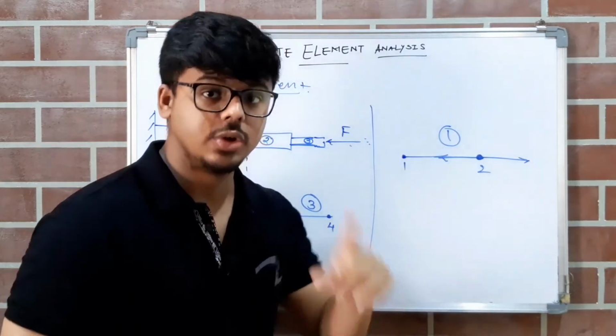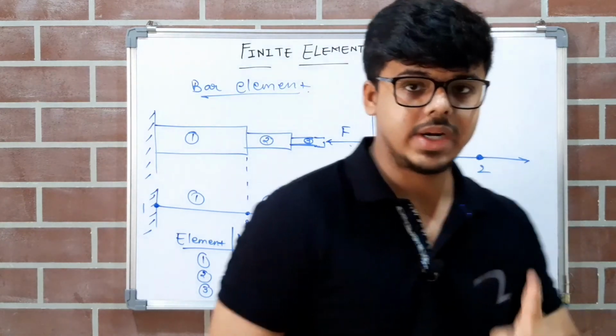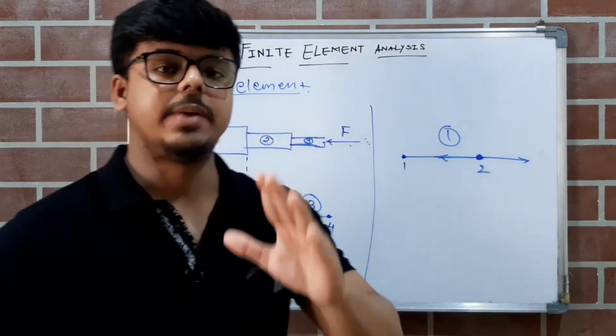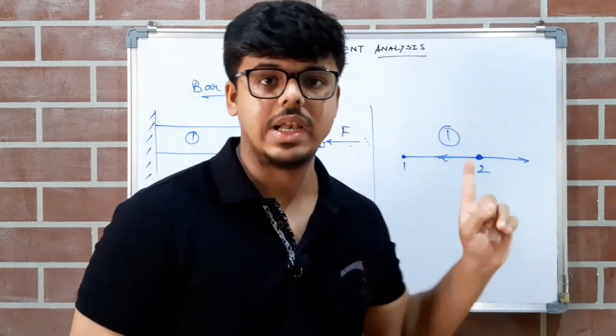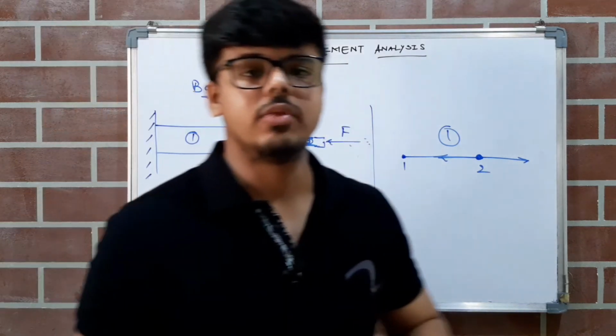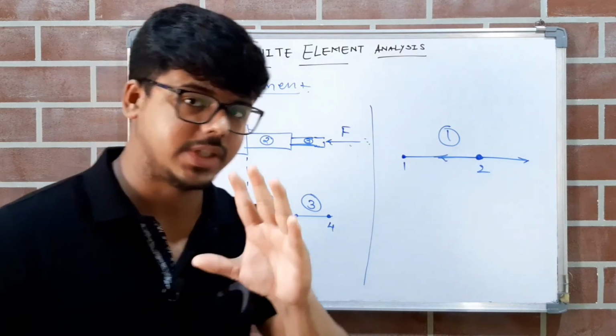Am I correct? No. This is moving only in the x direction, but it is moving along positive x or negative x, right? That means node 2 is moving in one direction and it will have 1 degree of freedom. So in case of bar element, we will always have 1 degree of freedom. Always keep this in mind.